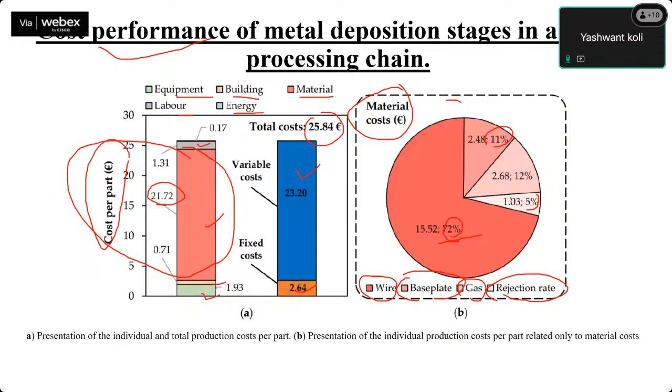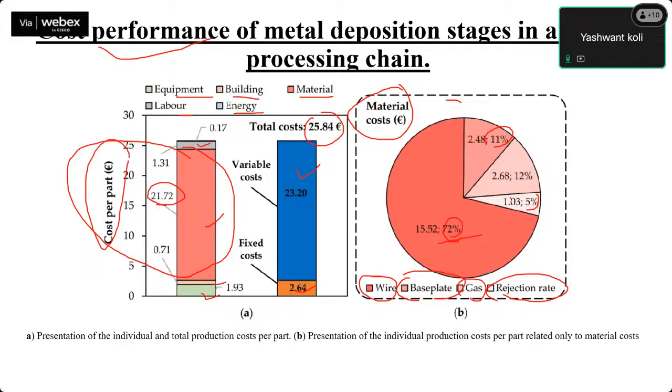Suppose we want to buy Inconel alloy or chromium wire, it can come around 2 to 3,000 per kg. But in terms of powder, the cost increases exponentially. The cost of 1 kg of powder is almost 60 to 70,000. So 70,000 for 1 kg, that is the major cost.